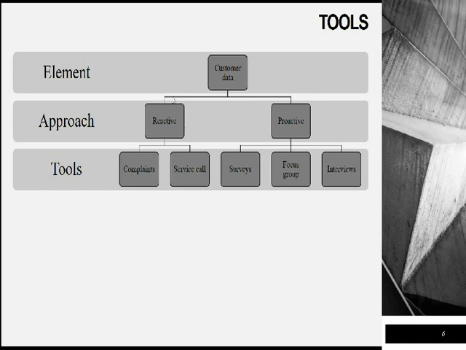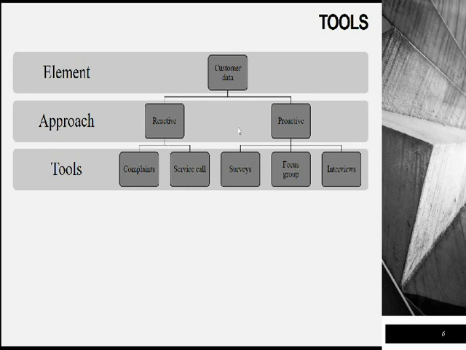This way we need to get information from complaints or call centers. In this method, the customer has already experienced a situation with the product. So after he has some problems with the product, he will complain, and this is our fuel to analyze and to get information from the customer.